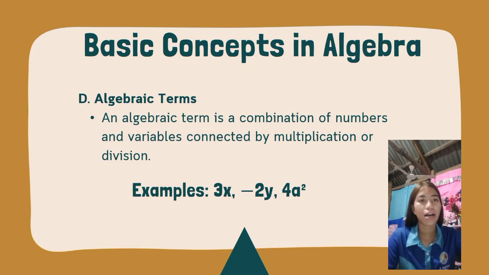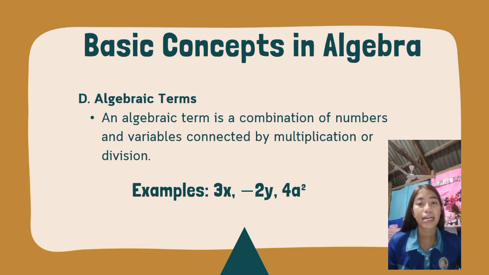Next, we have algebraic terms. This is a combination of numbers and variables connected by multiplication or division. Examples are 3x, -2y, and 4a squared. In 3x, we have numbers and variables, and they are connected by multiplication because we are going to multiply them to make it 3x.